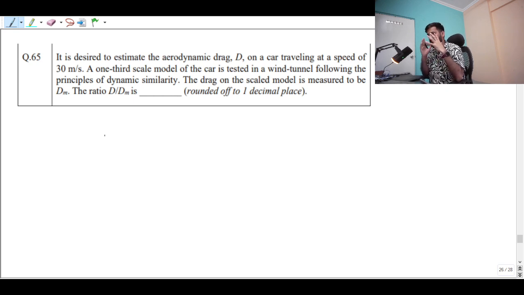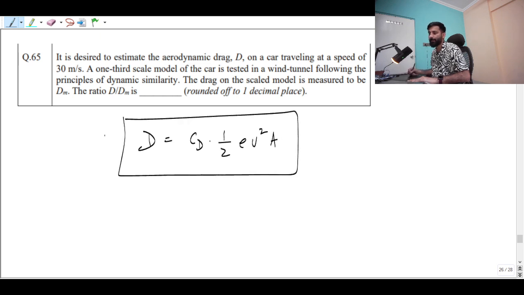And if dynamic similarity holds, I think you can recall your formula: the drag force is given as the drag coefficient times 1/2 rho v squared times the frontal area, right? So your CD is also going to be the same for both the car and the scaled model, and your fluid density is also going to be the same.